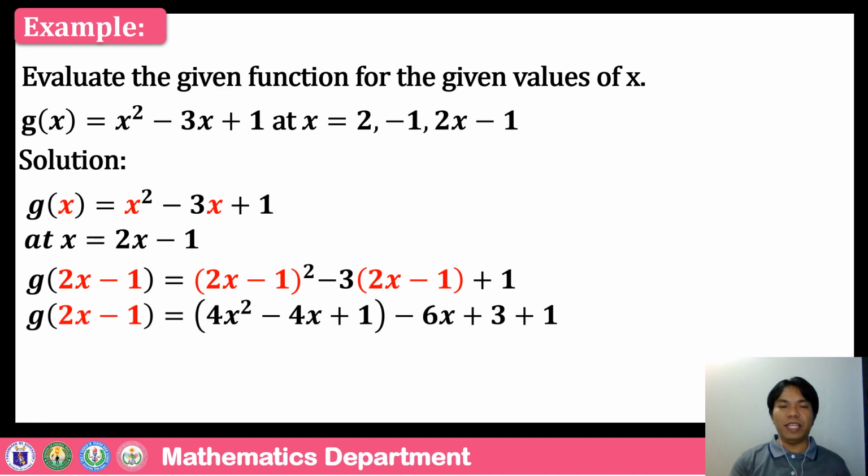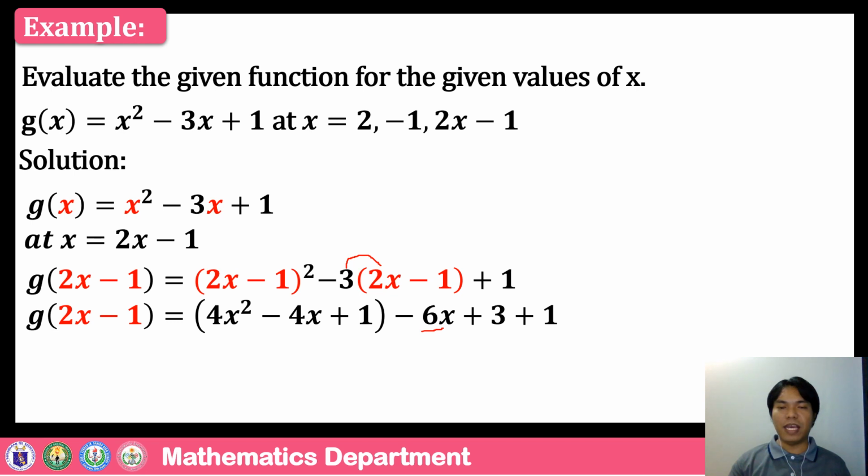At pag sinimplify natin ito, ang quantity 2x minus 1 squared ay just the same as 4x squared minus 4x plus 1. At ito namang negative 3 na nakikita natin dito sa ating second term ay i-distribute natin. So pag dinistribute natin ito, magkakaroon tayo ng negative 3 times positive 2x at ang magiging result niyan ay negative 6x.